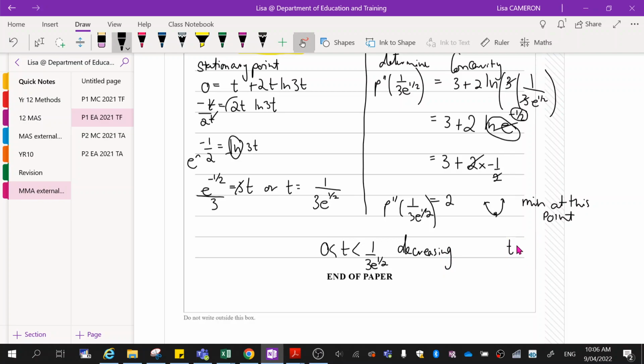And for when t is anything larger, that should be the other way. Wait a minute. When t is anything larger than that, it's going to be increasing.